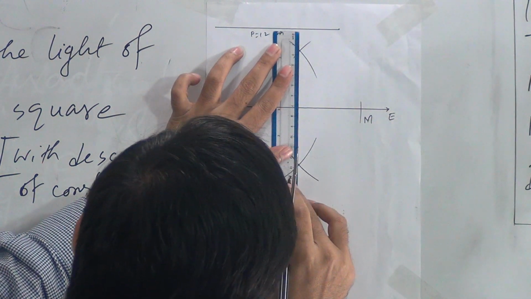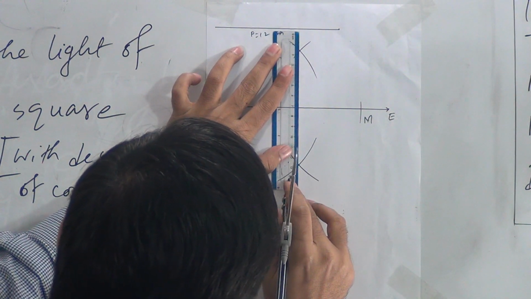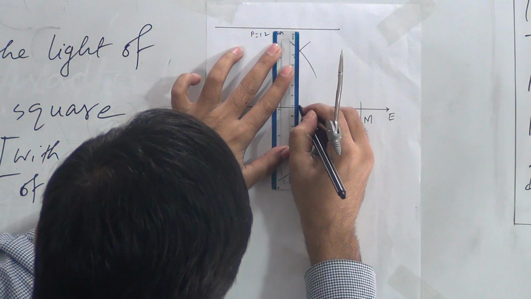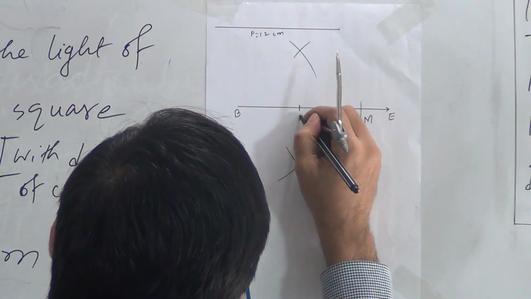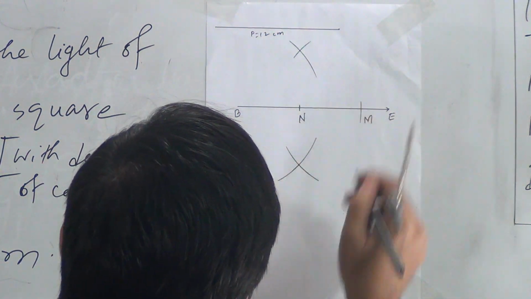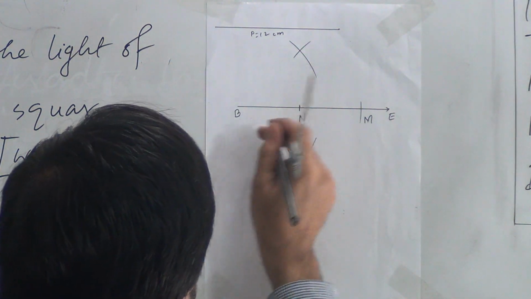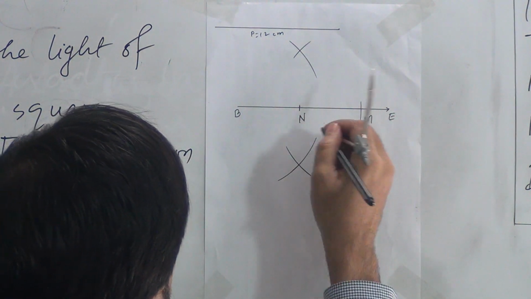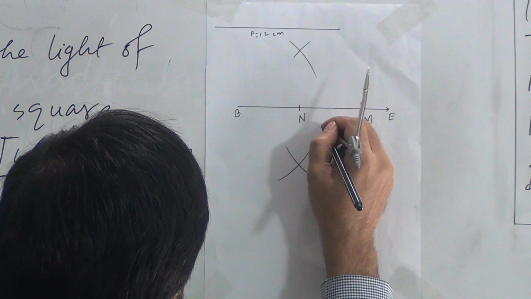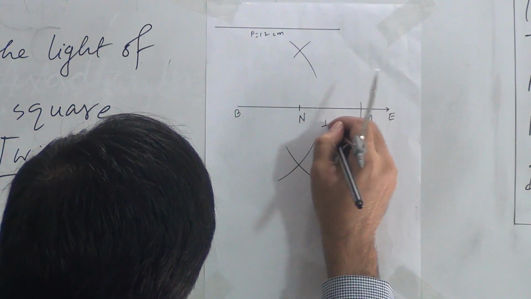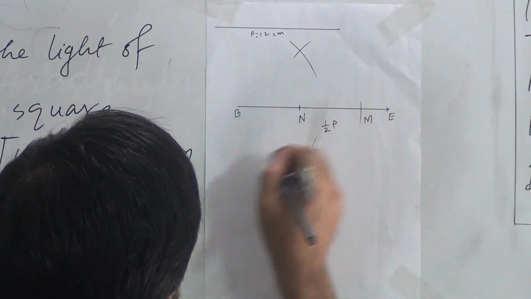Here this is the middle point. Suppose this is BN. So we can say BN equal to MN equal to half of P.